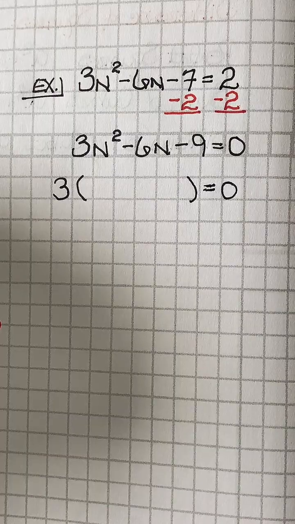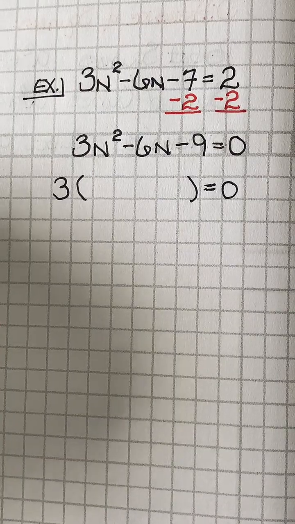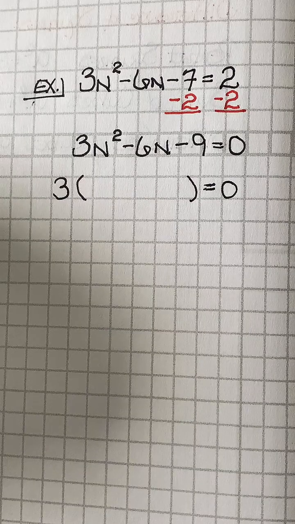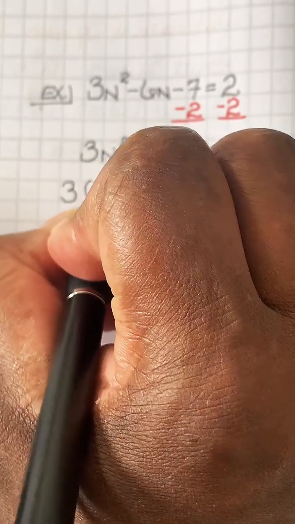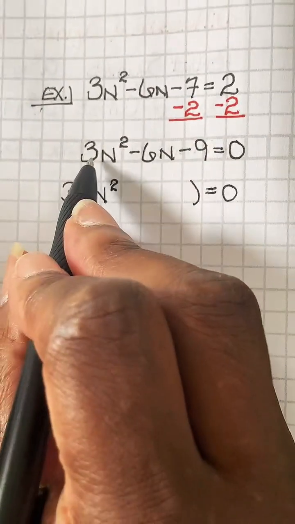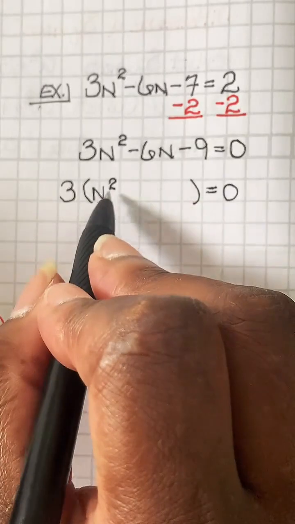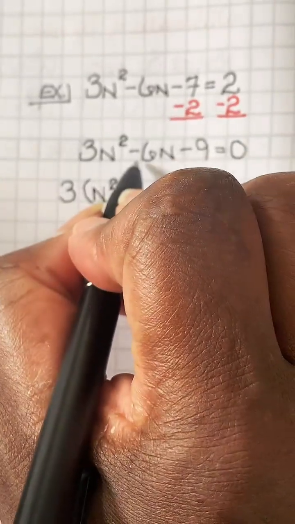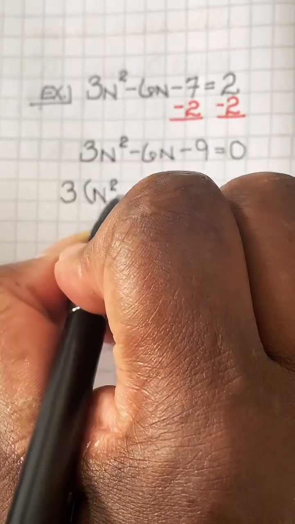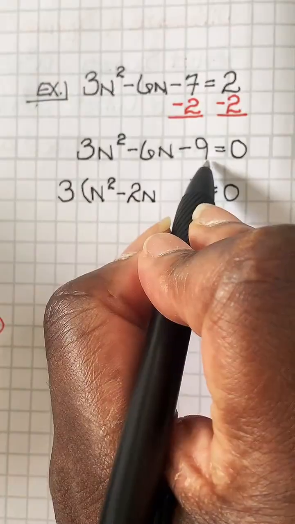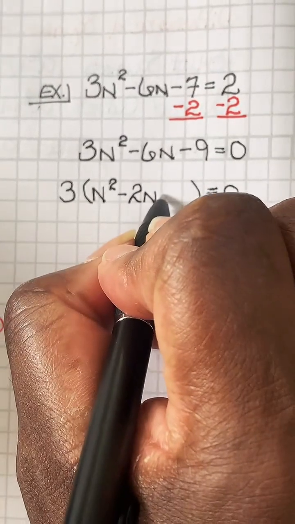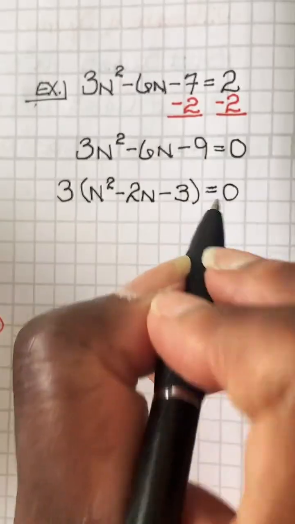Well, which is it? The battle of the positive 3 or the negative 3? The negative 3s. All right, so we have our n squared, because 3 divided by 3 gives me 1, bringing down my n squared. Negative 6n divided by 3 gives me a negative 2n. And then negative 9 divided by a positive 3 will give me negative 3.